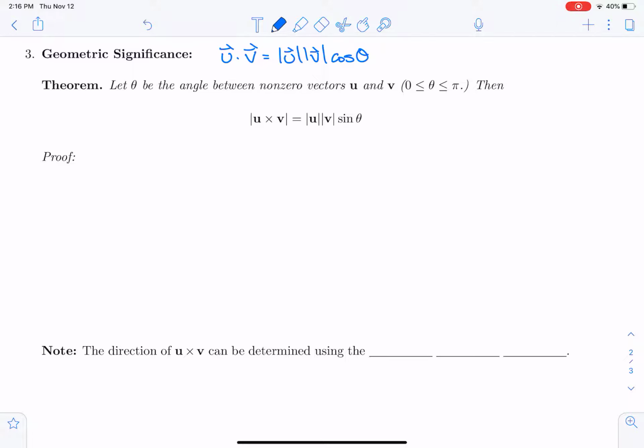So we can prove this property essentially by using properties of the unit vectors.